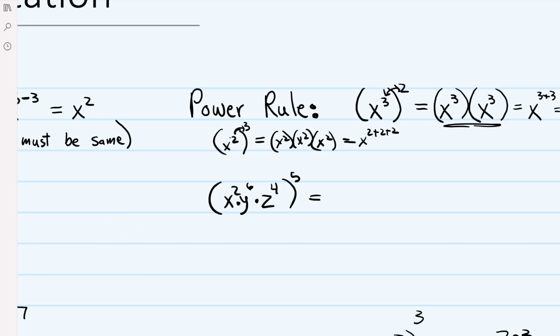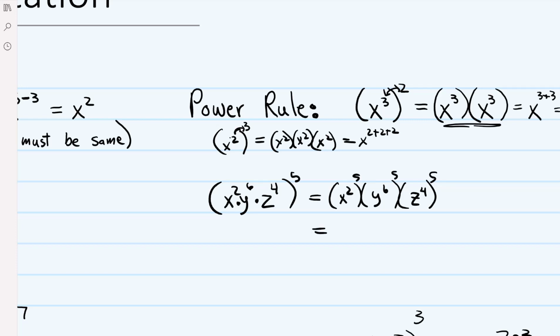But if everything is being multiplied on the inside, then you can treat all 3 individually as being raised to the 5th power. So x squared to the 5th power, y to the 6th to the 5th power, and z to the 4th to the 5th power.